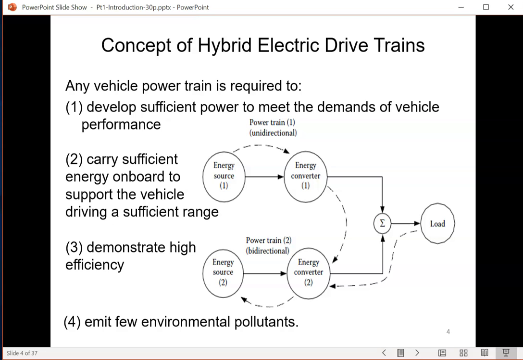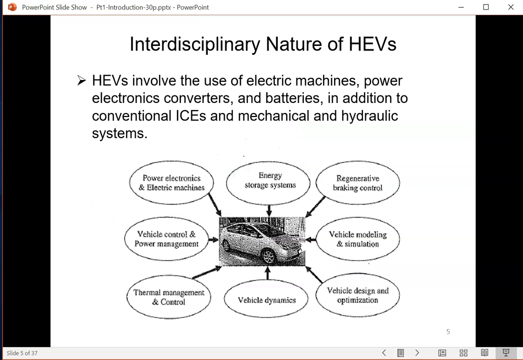And finally, another key issue about the use of electrical vehicles is the environmental issues. You want to minimize the pollution. So there are several aspects required of modern vehicle powertrain systems.